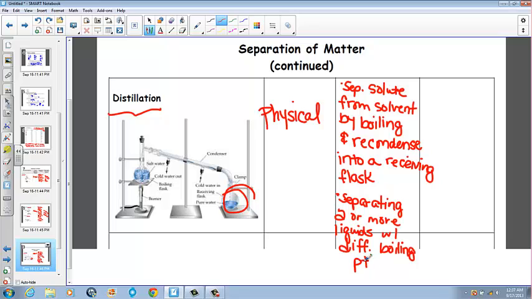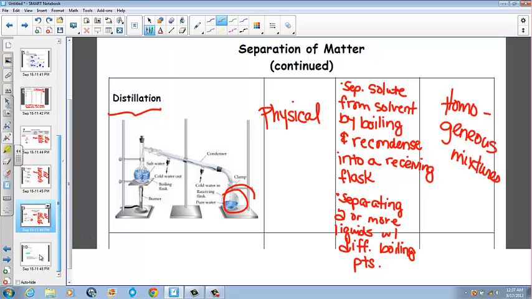And again, good for homogeneous mixtures, similar to the previous evaporation.